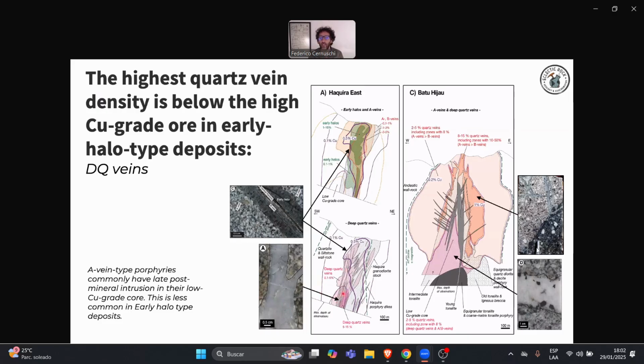So if you have a prospect that is outcropping at that depth and it's full of quartz veins, it could be that it's too deep and there's not much copper in there. Whereas if it's an A-vein type like Batu Hijau, there is a high abundance of A veins to deep quartz veins throughout the deposit and its roots, and you have that disruption by younger porphyries.